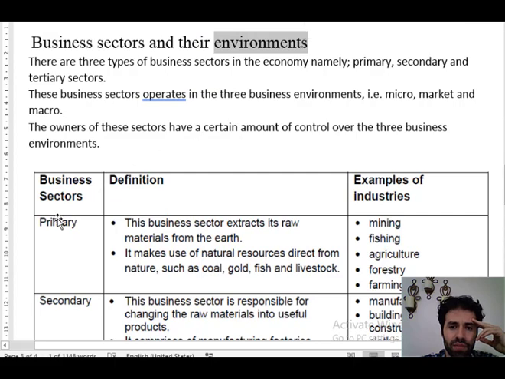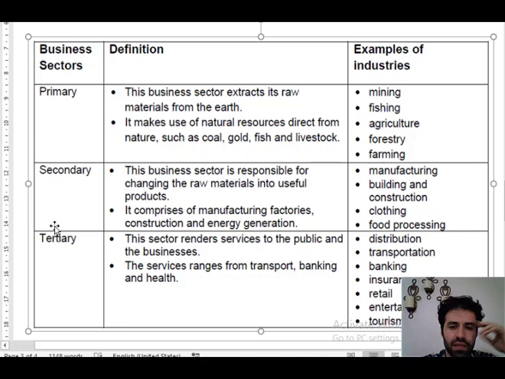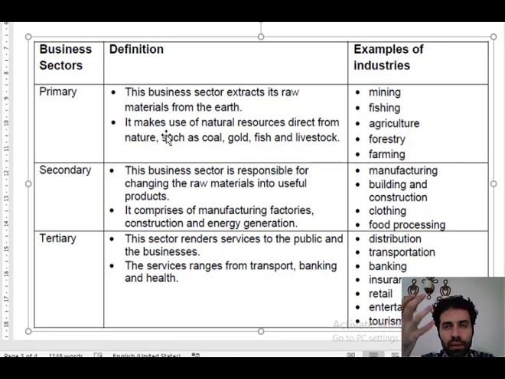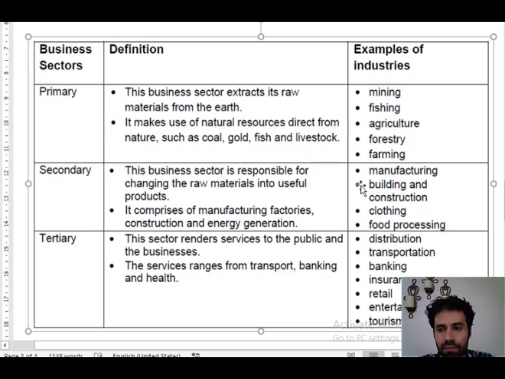So we have 3 main business sectors, and in this chart you can see we have primary, secondary, and tertiary. Primary businesses are the ones that produce raw materials, like the mines, like the excavation place for oil, the raw or crude oil. The secondary business types are the ones that manufacture goods, like the factories, food processing, construction companies.